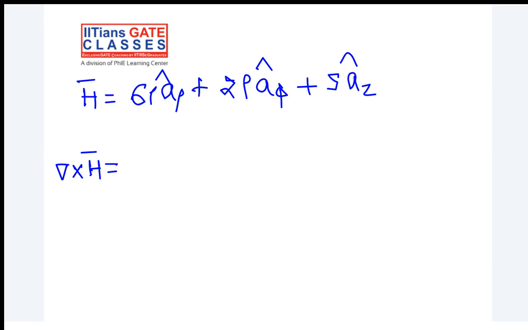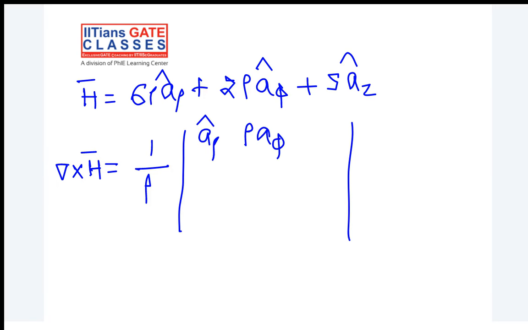The second row is dou by dou rho, dou by dou phi, and dou by dou z. In the third row, you should take the coefficients and multiply with the scaling factors. For 6 rho, the multiplier will be 1, so you need not multiply anything. For the phi coefficient, you multiply with rho, so that will be 2 rho square. And the third term is straight away 5.